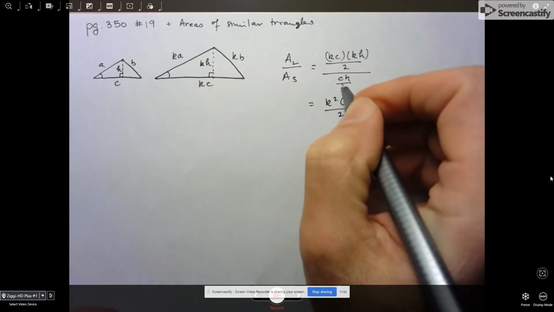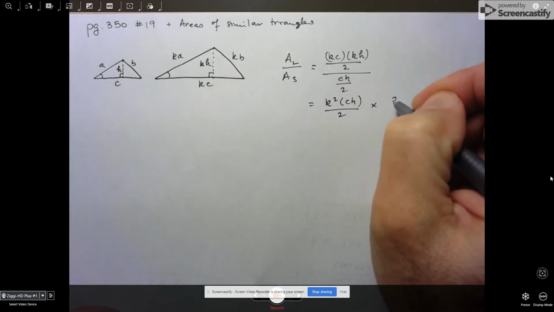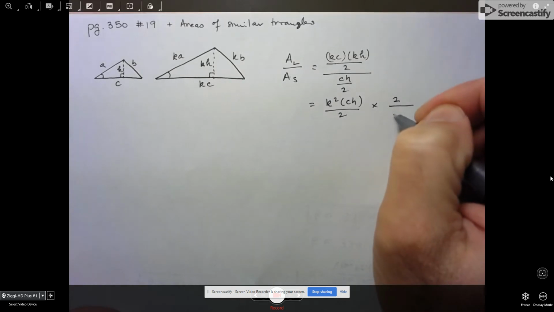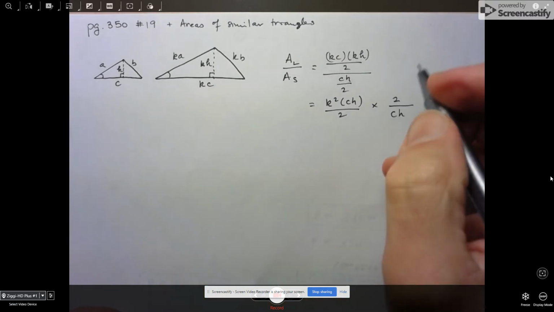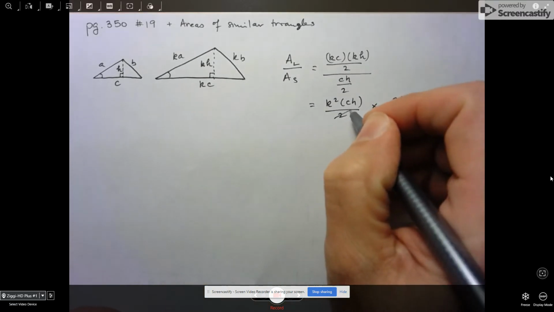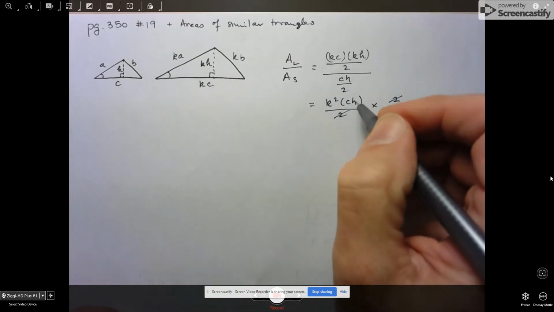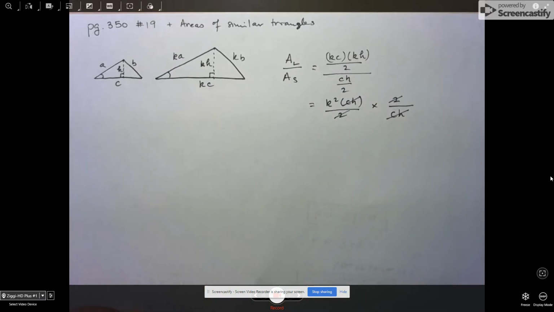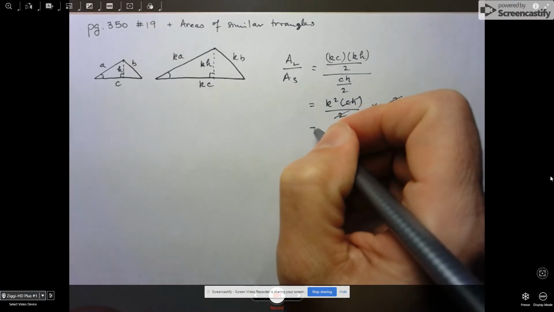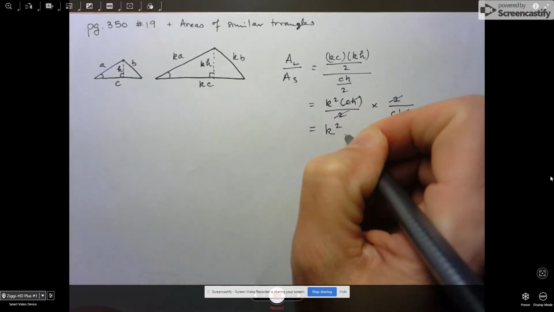So times the reciprocal of this, which is going to be 2 over ch. And here we've got a lot of nice things going on because the 2 in the numerator reduces with the 2 in the denominator. The c and the h in the numerator reduce with the ch in the denominator. And the only thing I'm left with is k squared.